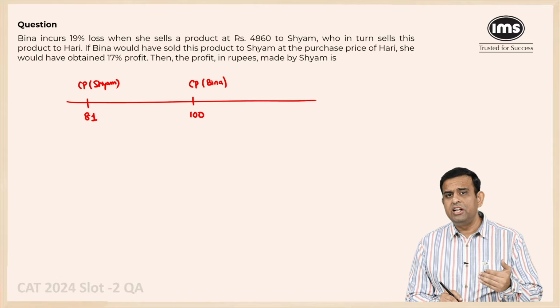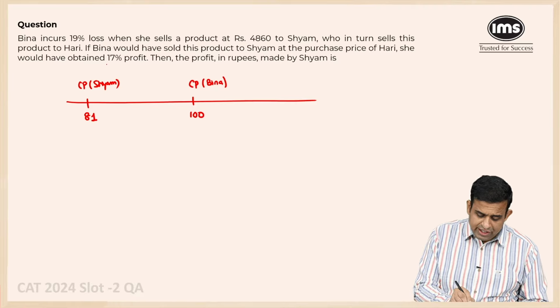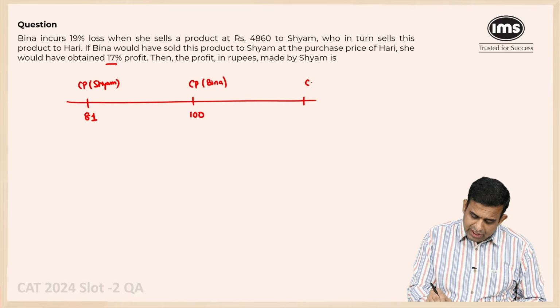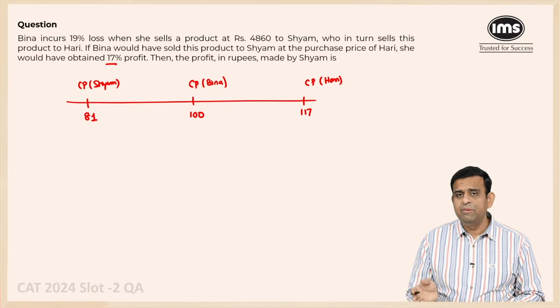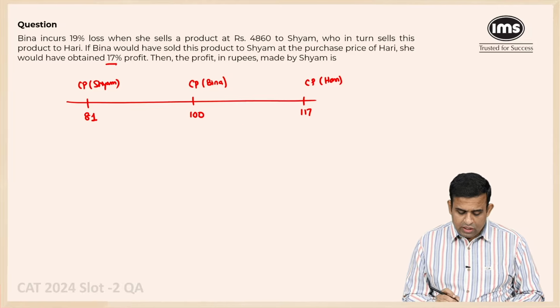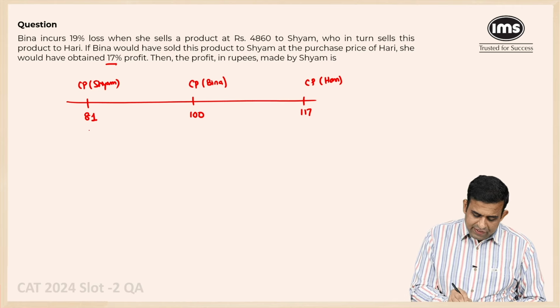In case Beena sold it to Shyam at the price which Hari paid, the profit would have been 17%. That means the cost price of Hari should have been nothing but 117, 17% on this number 100. So what is given to us is that this 81 is actually given to us in absolute numbers, 4860.